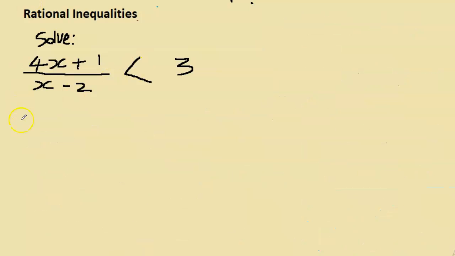Also, as we did in the previous video, we could have multiplied both sides by the square of the denominator. The square of the denominator, what is it? x minus 2 all squared.